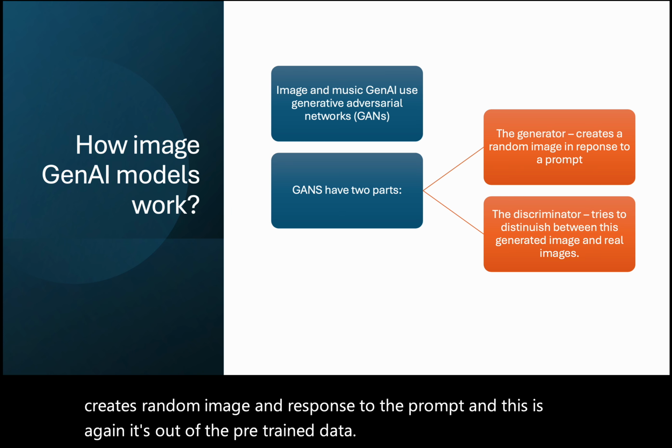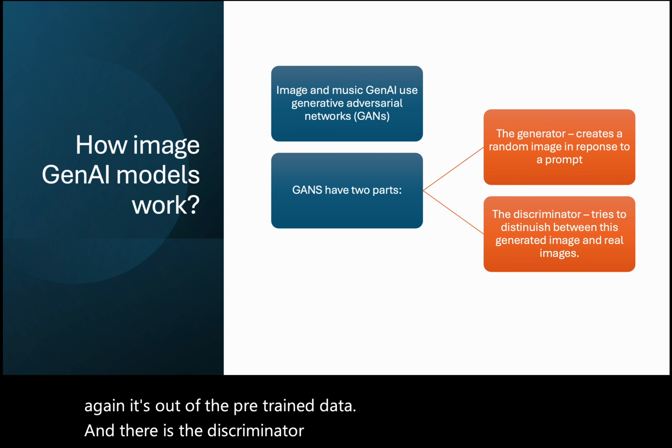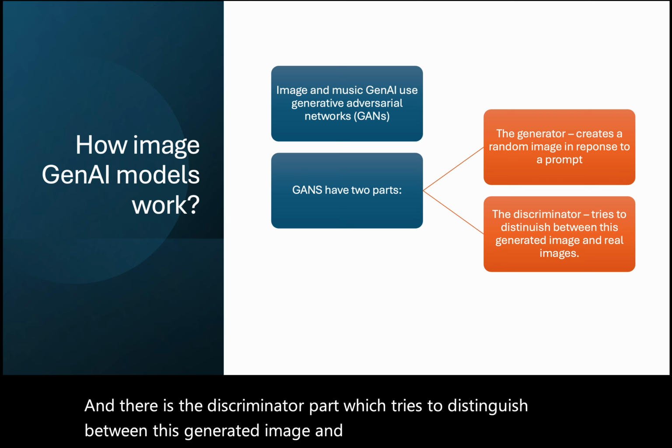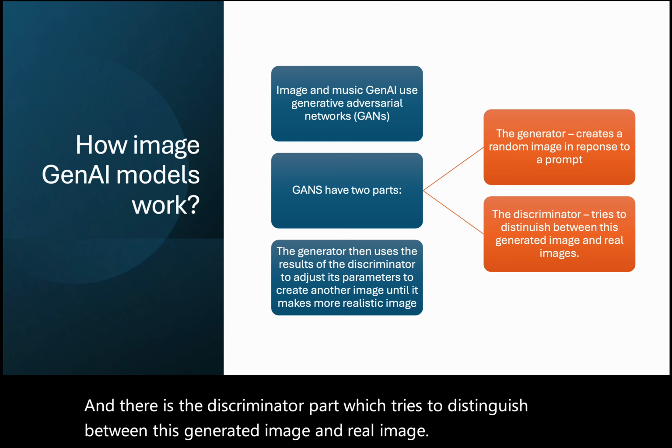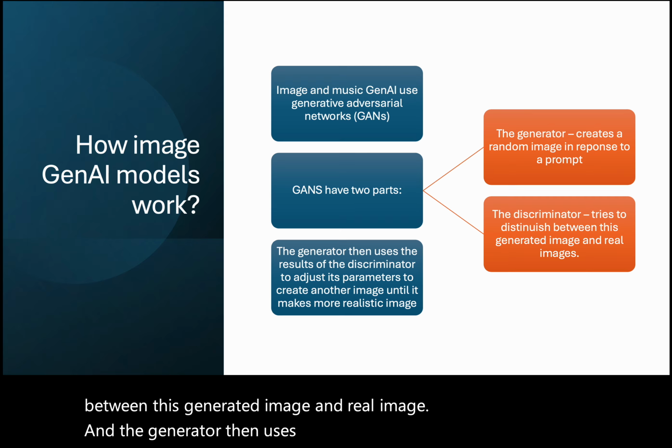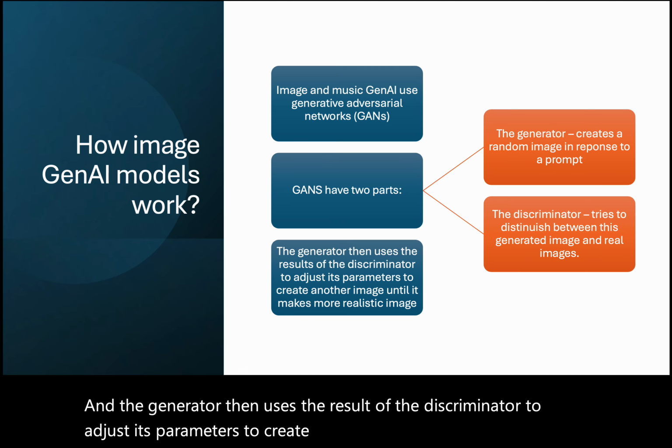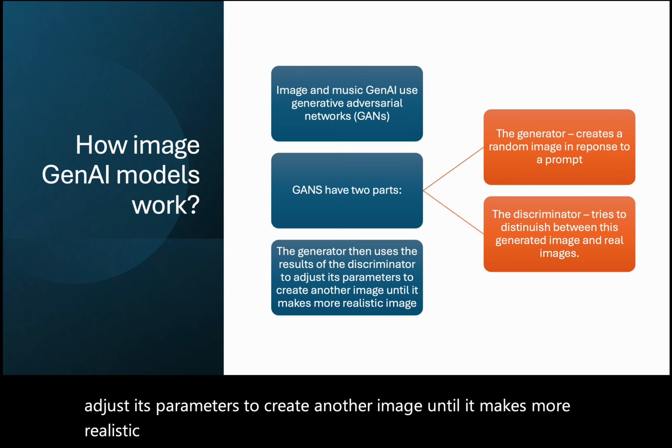And there is the discriminator part, which tries to distinguish between this generated image and real images. The generator then uses the result of the discriminator to adjust its parameters to create another image until it makes a more realistic image, or until there is some stopping point in the algorithm.